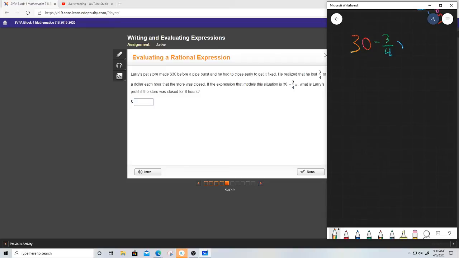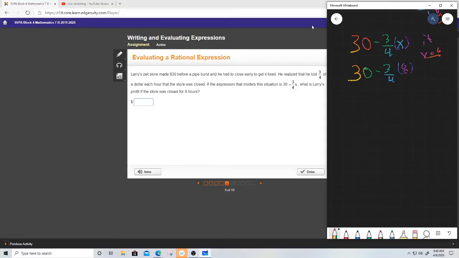Oh, and since I'm at it, we could do a trick today. They want you to evaluate this for closing for 8 hours, so basically x equals 8. So just rewrite the expression, and now stick 8 in there for x.